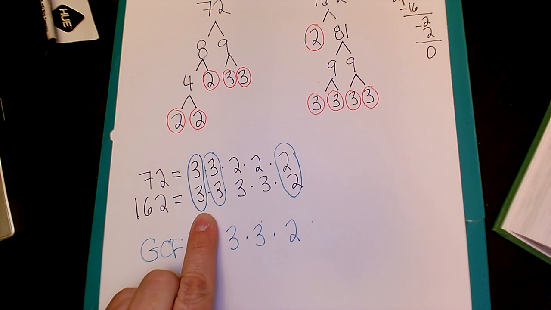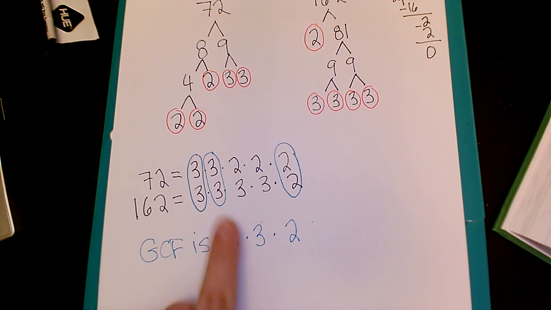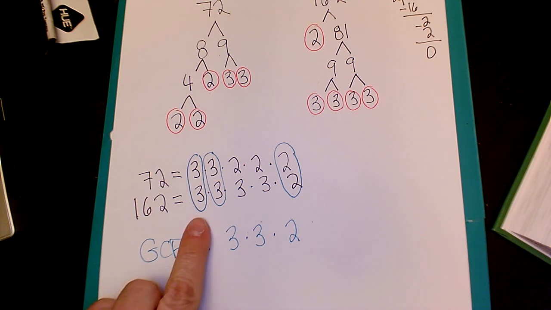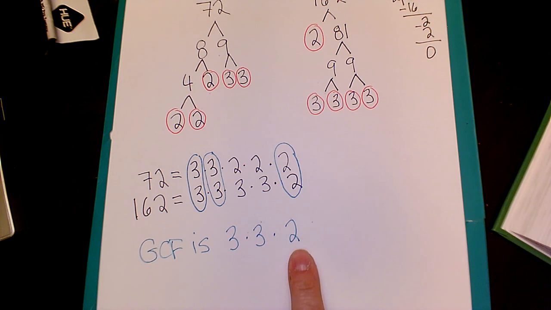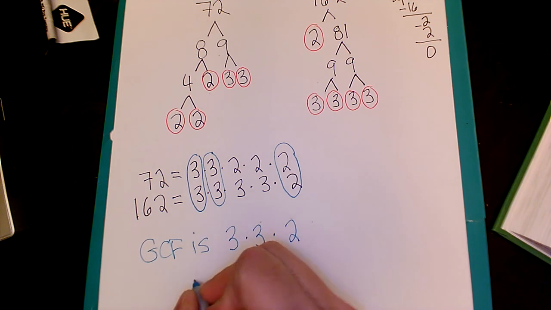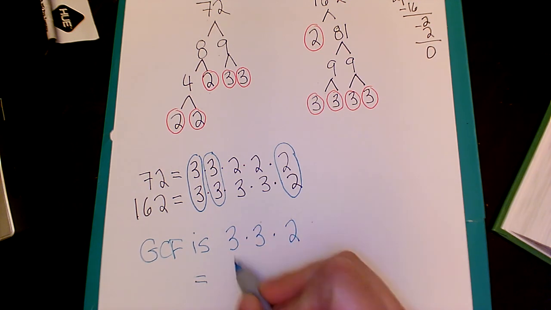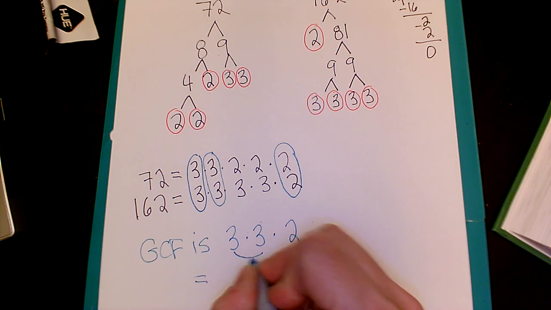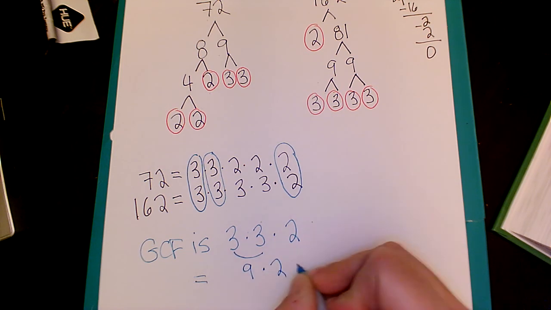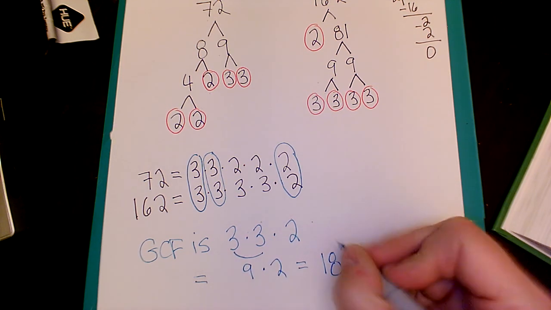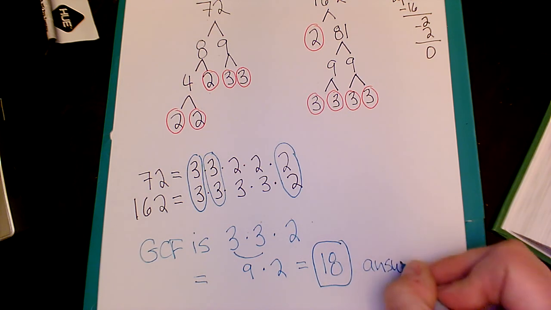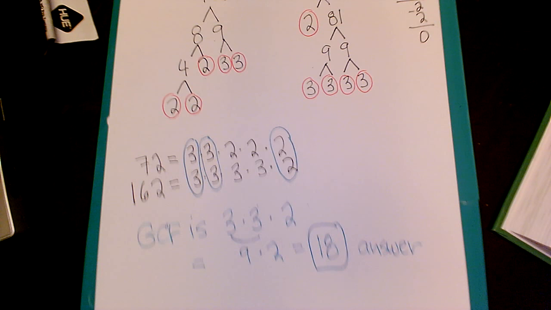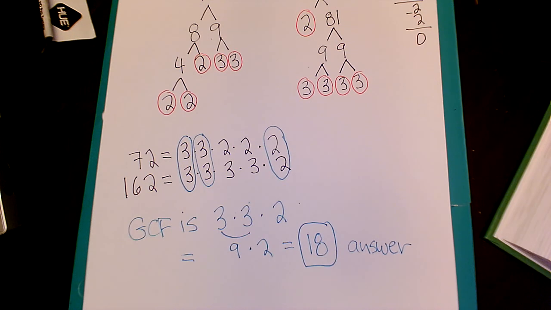I'm taking 1 3, putting it here, because just think of 3 as a match. So 1 3, 1 3, nothing, nothing, 1 2 comes down. So the GCF is 9 times 2, and 18 goes in the box on WebAssign. So my GCF is 18.